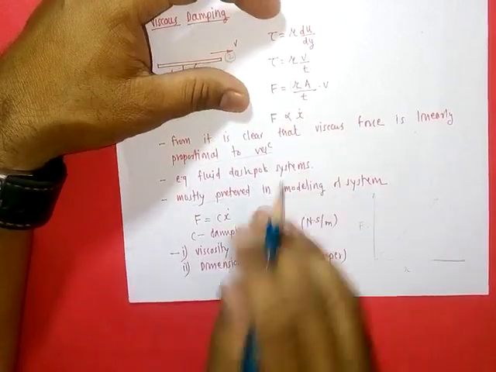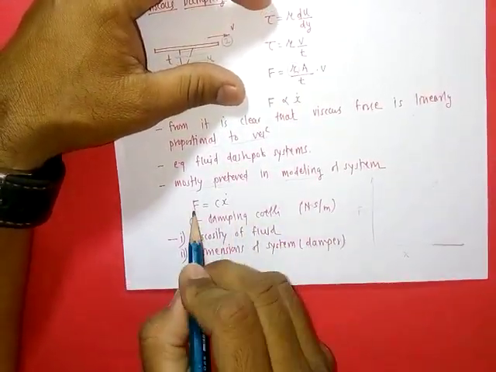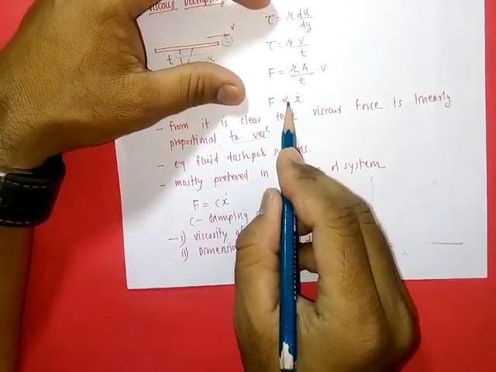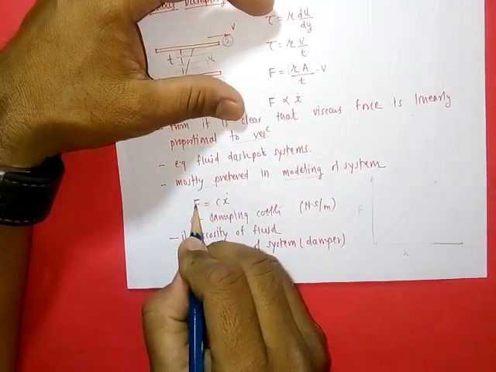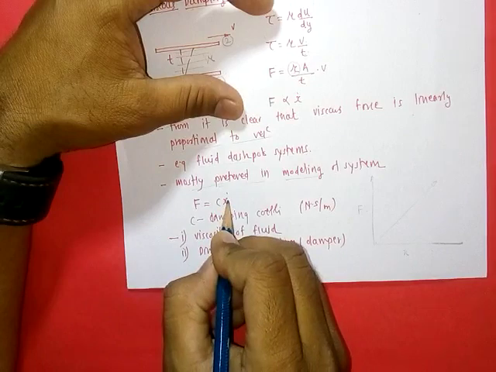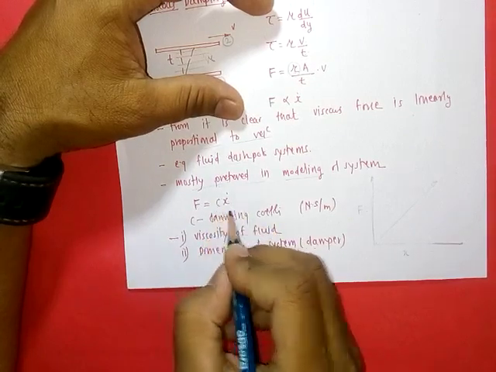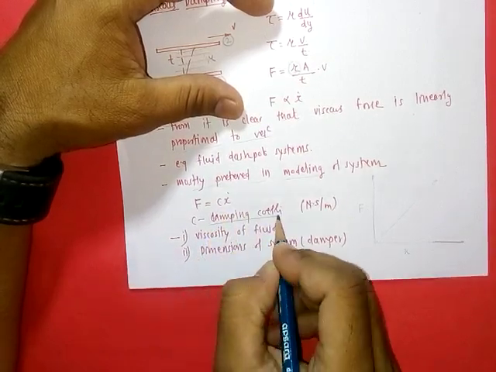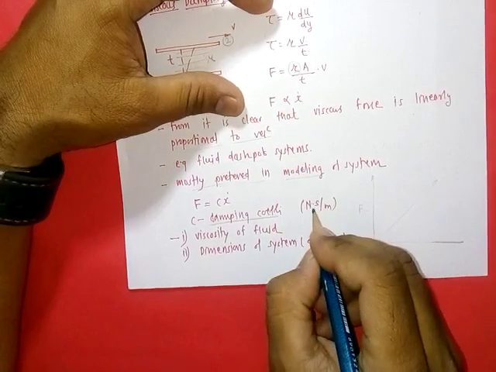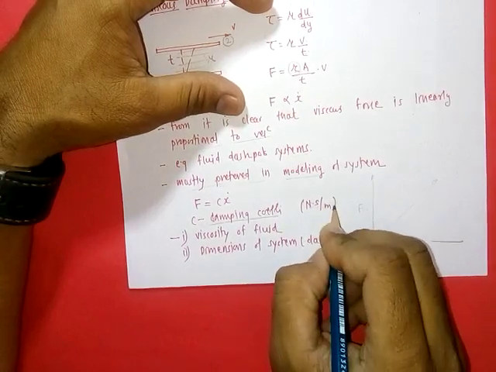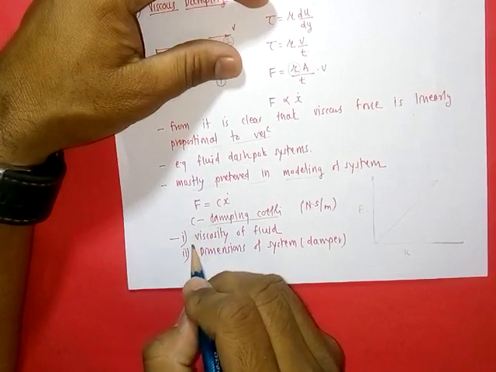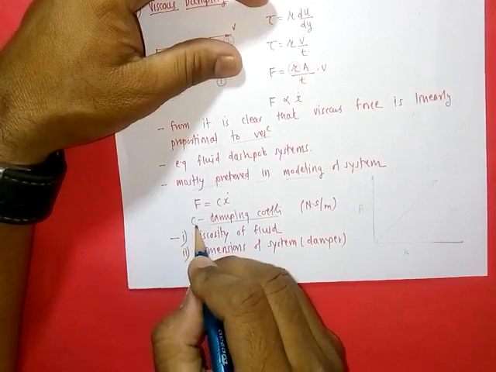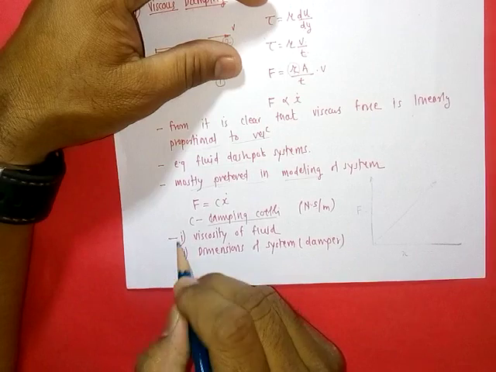If we replace this proportionality sign by a constant, the equation becomes F is equal to C x dot, where C is called the damping coefficient and its unit is Newton second per meter. This damping coefficient depends upon two parameters.